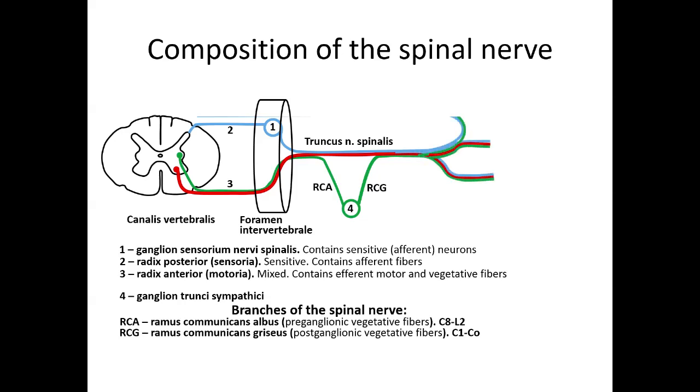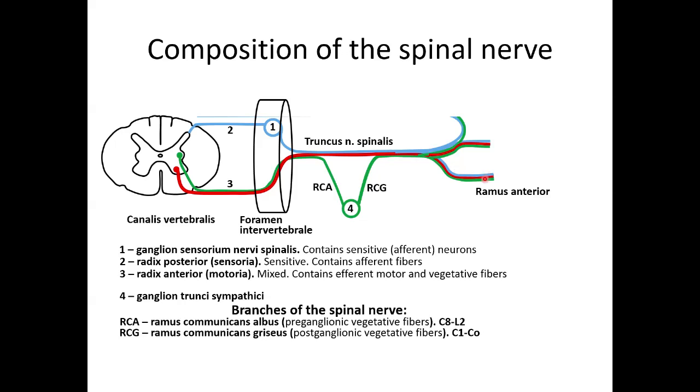And then we can draw that truncus nervi spinalis divides into another three types of fibers. 1, 2, 3. What are they? First of all, ramus anterior. We can find here that ramus anterior is mixed.